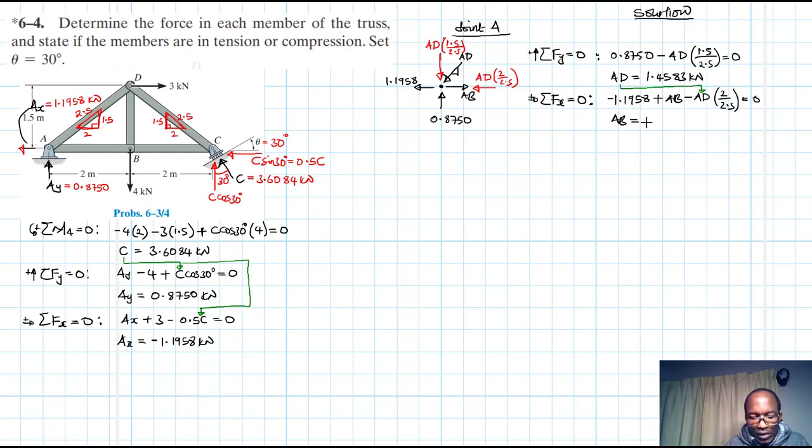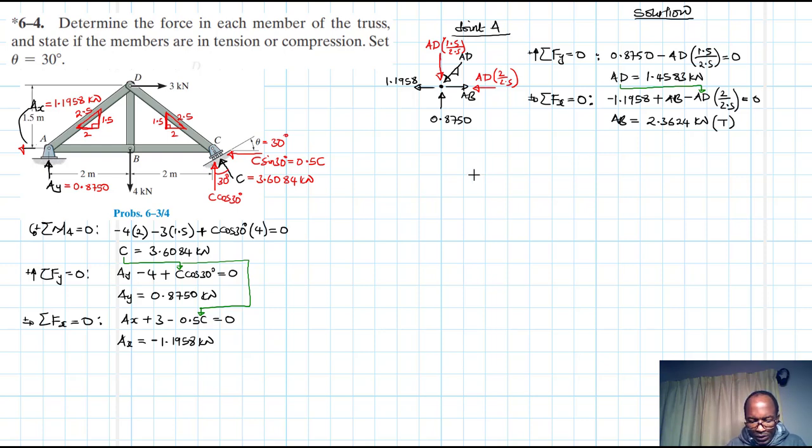Alright, therefore AB is equal to 2.3624 kilonewtons, and AB we are assuming it to be in tension, and therefore it is.